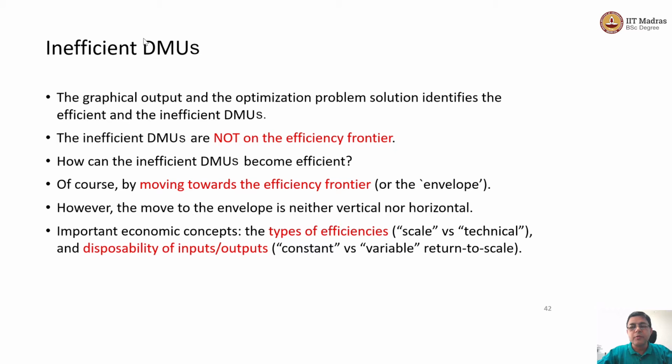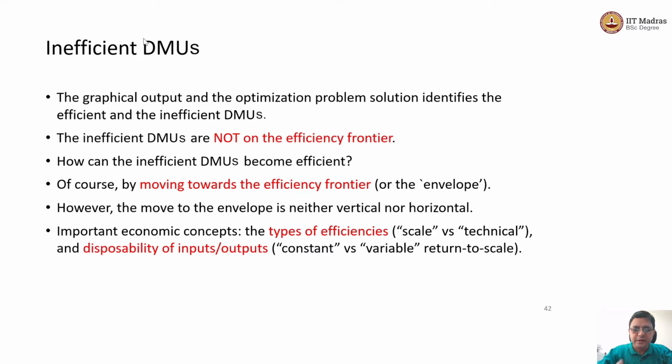Typically that gets converted to what is called CRS, or constant returns to scale, or VRS, which is variable returns to scale. Even VRS has been further classified as DRS, which is decreasing returns to scale, and IRS, increasing returns to scale. All these are economic concepts which play a very important role in data envelopment analysis, but we have not discussed them.